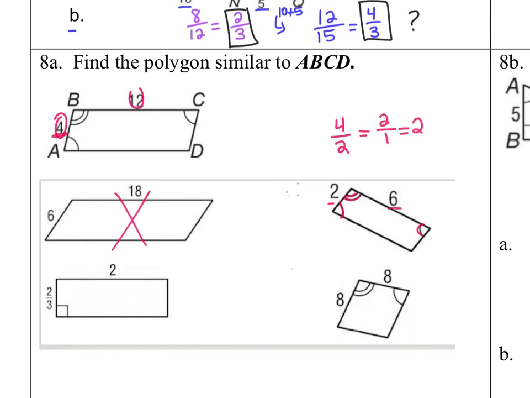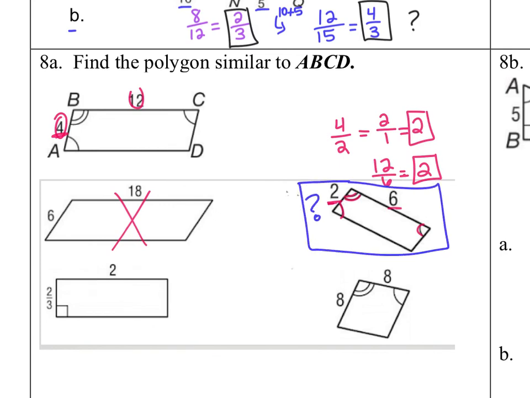So this side here, 4 to 2, we're changing by a ratio of 2. Then when we're comparing 12 over 6, we have a ratio of 2 as well. So these two have proportional sides, okay, congruent angles. This is a very, very strong possible. This one's definitely similar, okay?